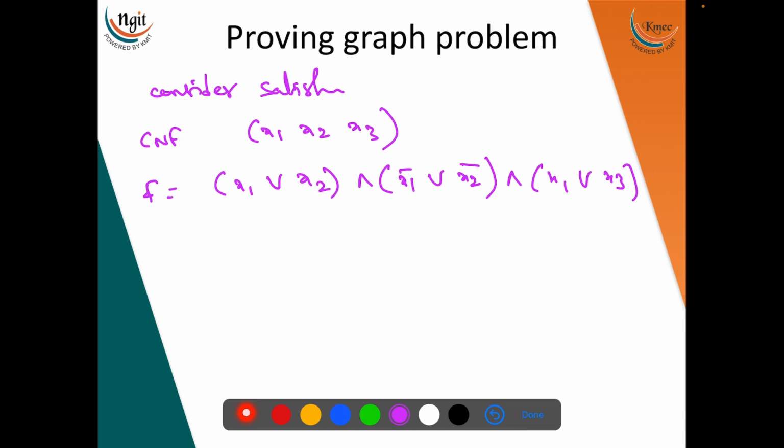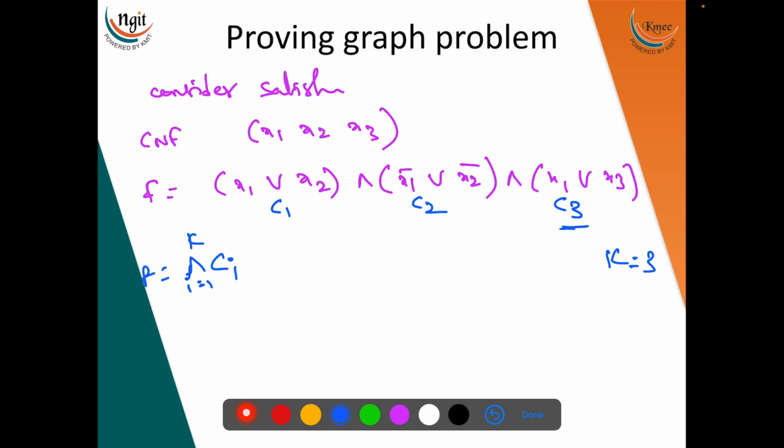There are three clauses I have taken, C1, C2, C3. The clause formula is the conjunction of Ci for i equal to 1 to k, in conjunctive normal form. Now the k value is 3, so I have taken 3 clauses.